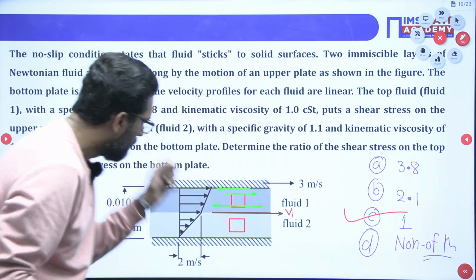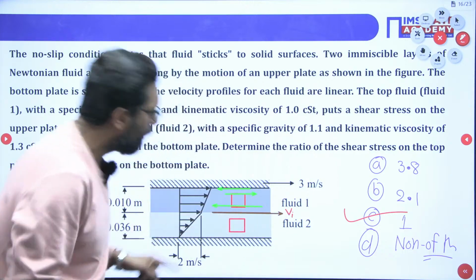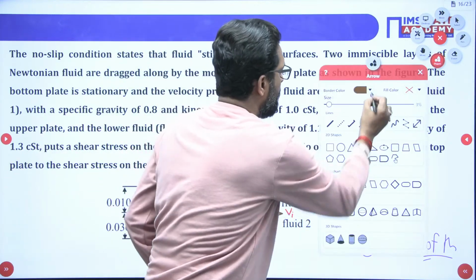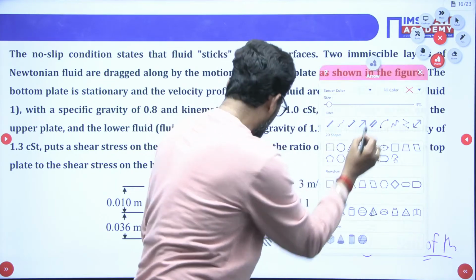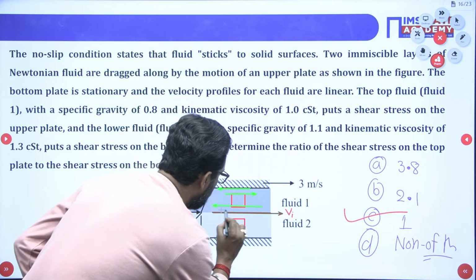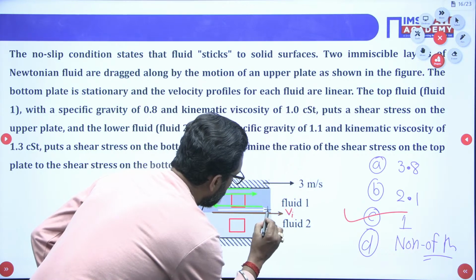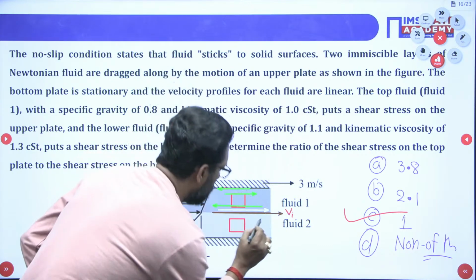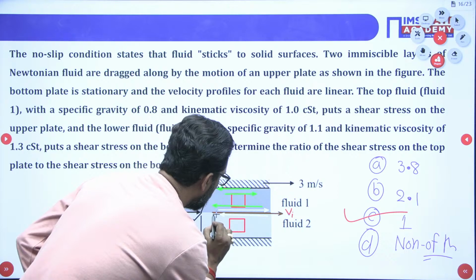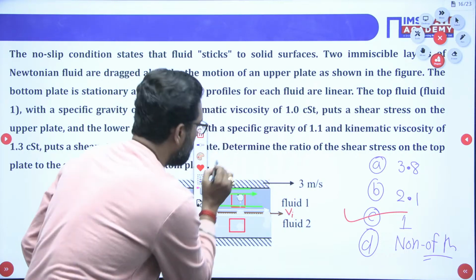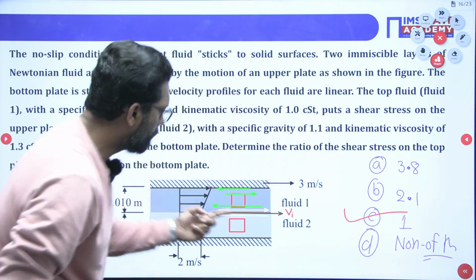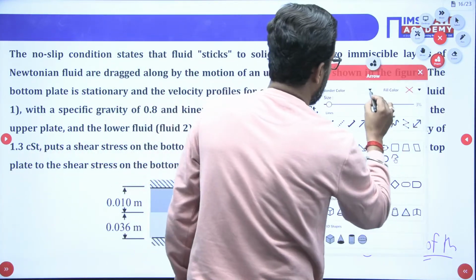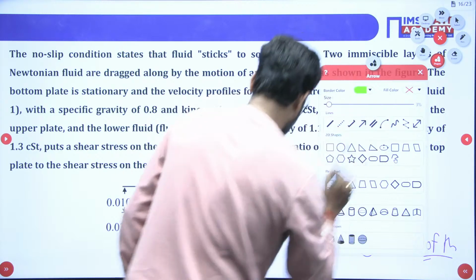Let's suppose this is your Vi. So the shear stress on the top plate is in this direction. In the bottom layer, it is in this direction. Now on the top layer, it is in this direction.